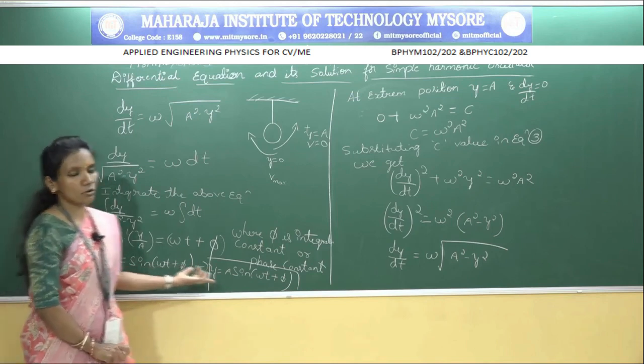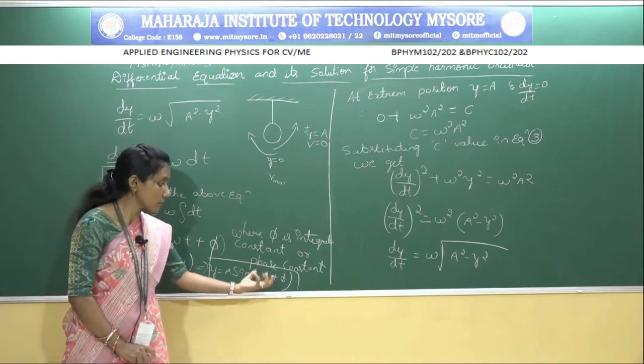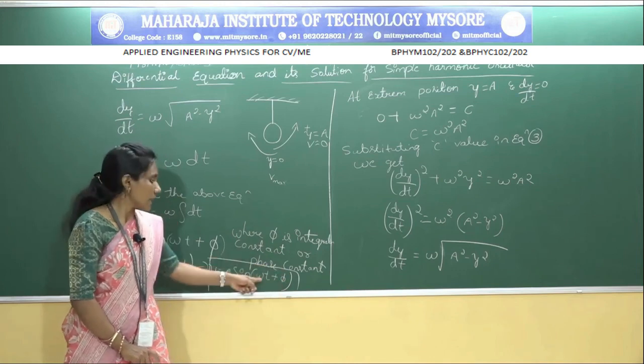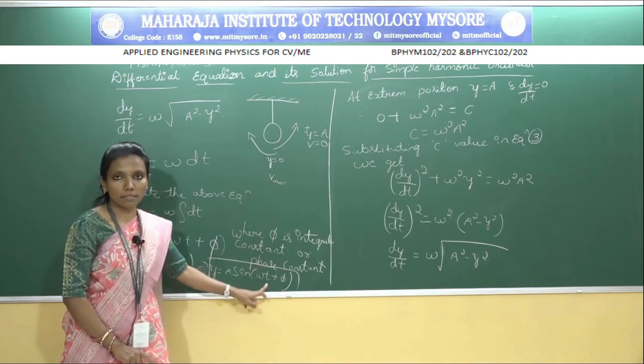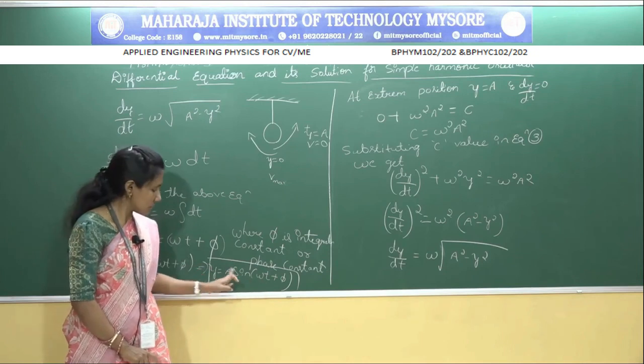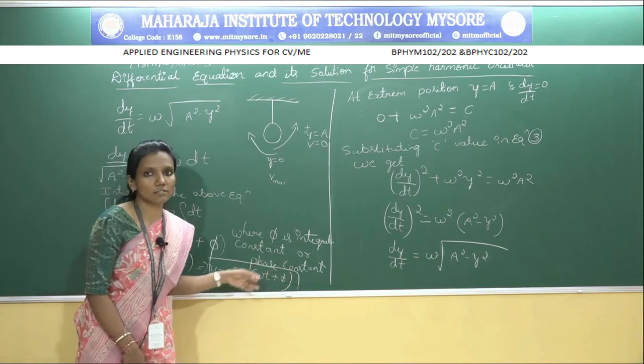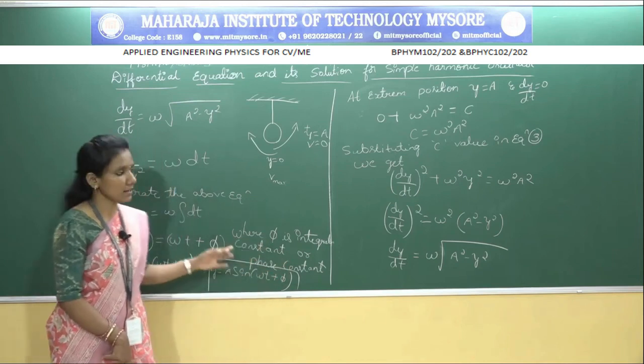That means the particle is oscillating with some total phase, that is omega t plus phi, with angular frequency omega with respect to time t, in terms of sine. Similarly we can get it for cos also, that is y is equal to a cos of (omega t plus phi).